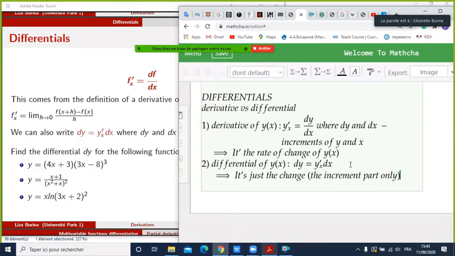And you will see, well, right now with one variable it's not as impressive, but when we get to our total differentials, you'll see where we can actually use it in economics. So when we have many variables, sometimes we don't want to know the rate of change.